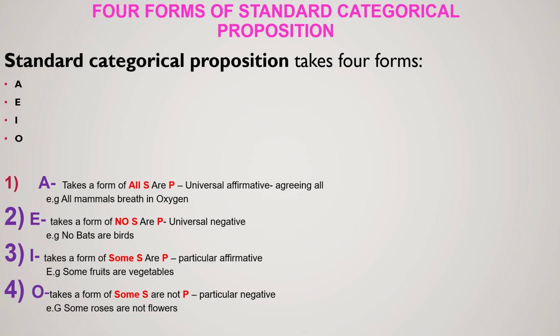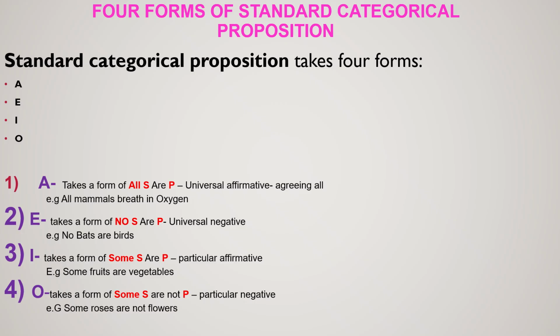The second one is E. These are propositions or premises that take the form of "No S are P," which refers to universal negative. Universal refers to all of them, and you are negative, you are rejecting all of them.